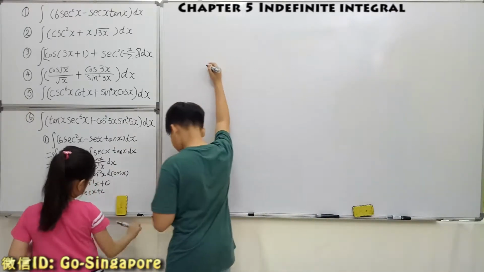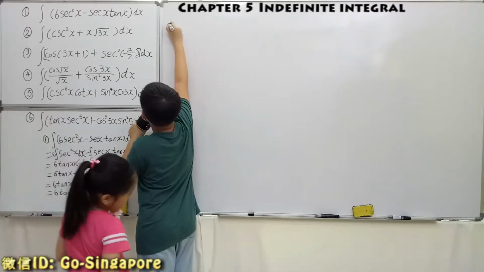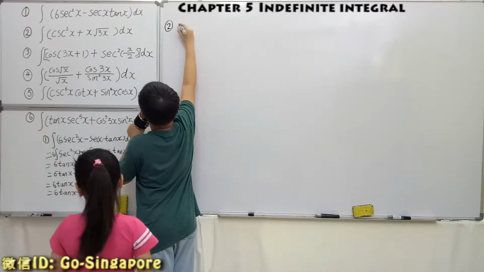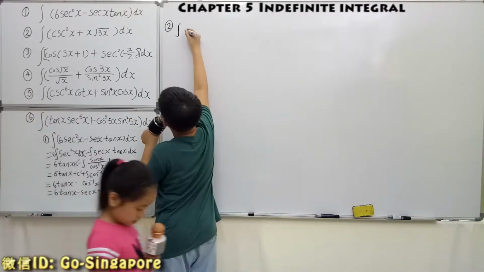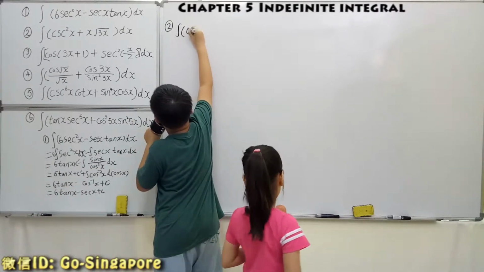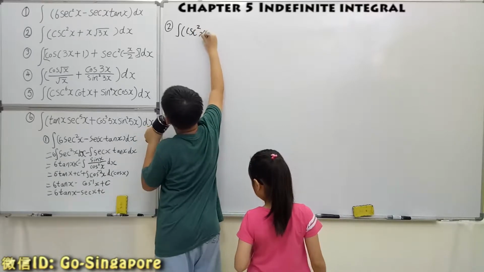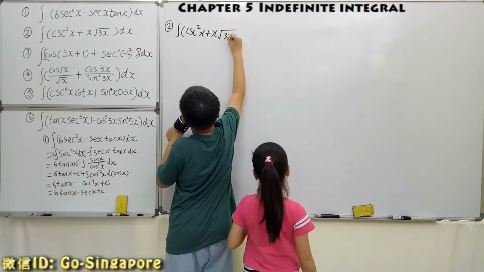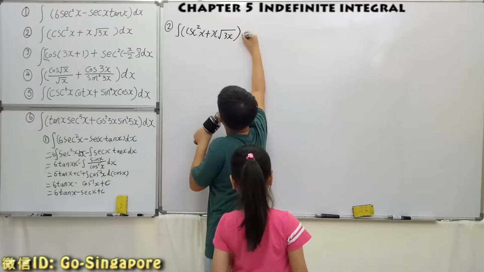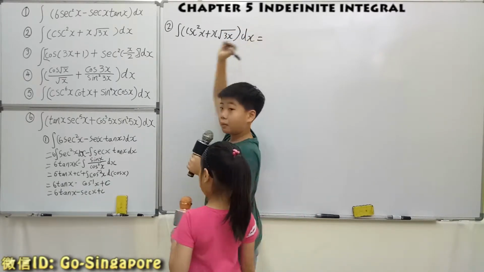Okay, so next we'll move on to the second question, which is the integral of bracket cosecant square x plus x square root 3x bracket dx.